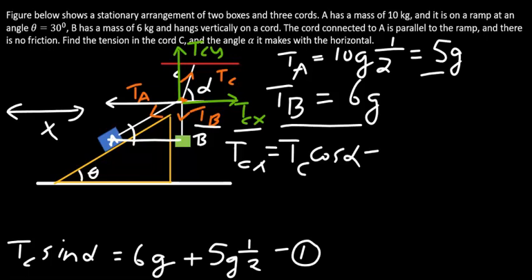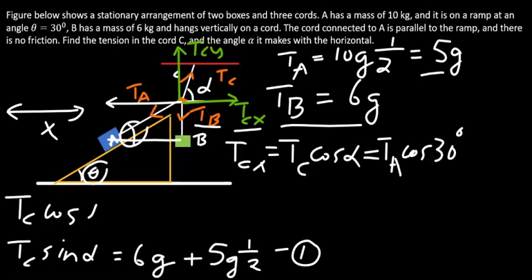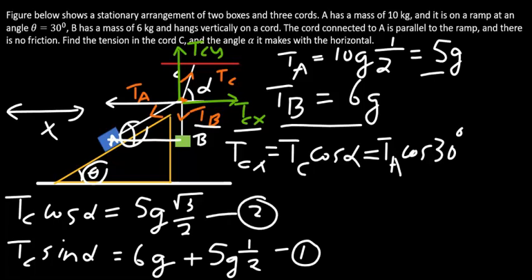So TC cosine alpha equals TA cosine of that angle, which is theta. So cosine of theta or cosine of 30 degrees. So let's rewrite it here. TC cosine alpha equals TA, which we know to be 5g, times cosine 30. Cosine 30 is square root 3 over 2. So that is equation 2.